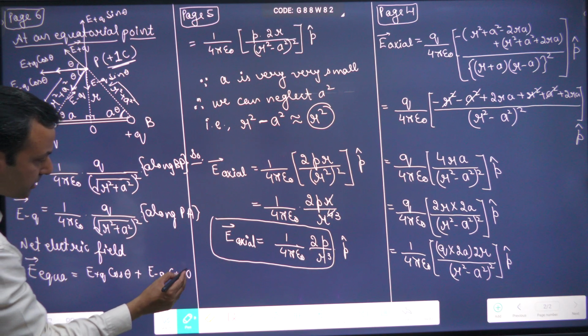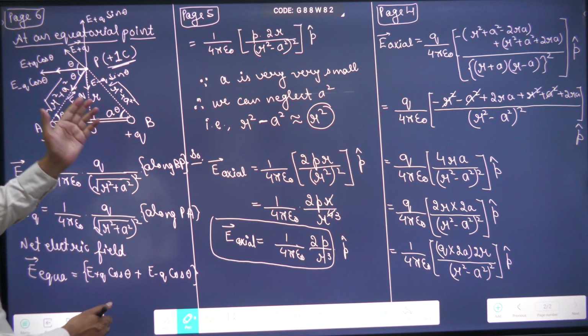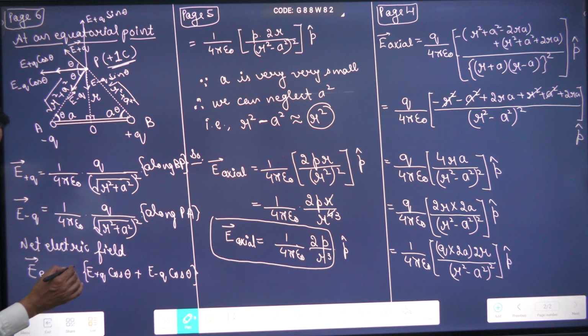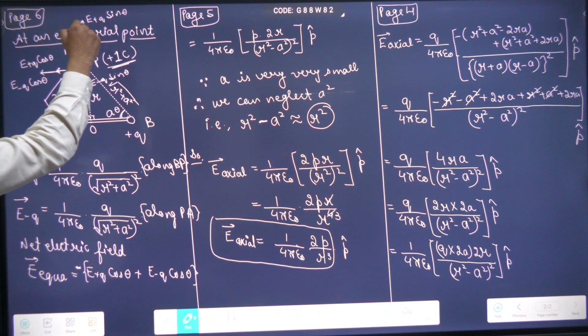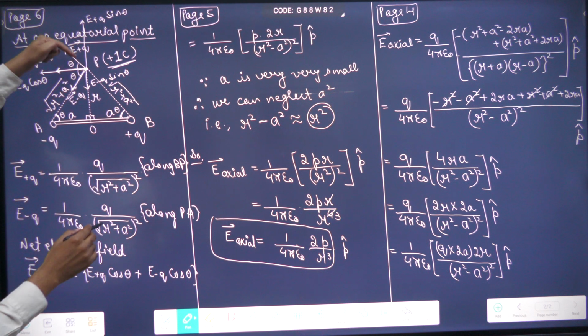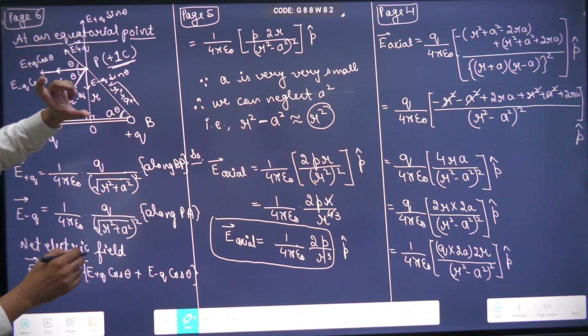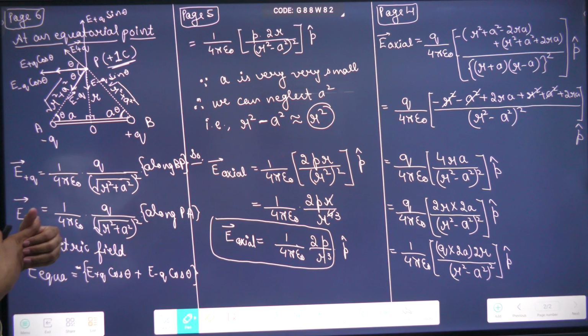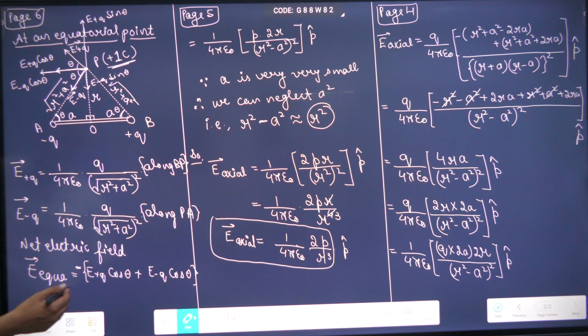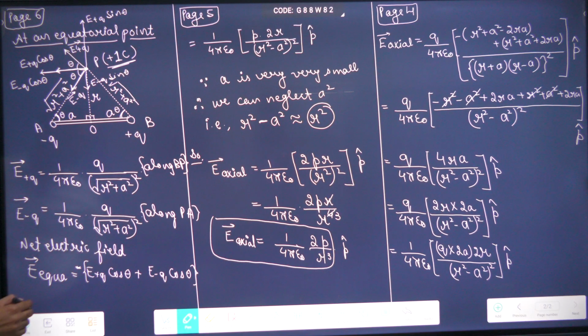And since these two components are towards the left, we will take the sign as negative. And we will not take these two components, E plus Q sin theta and E minus Q sin theta. Why? Because this is towards top and this is towards down, and if we add this top component and down component, then they will cancel out each other. So we will take these two components only, E plus Q cos theta and E minus Q cos theta.